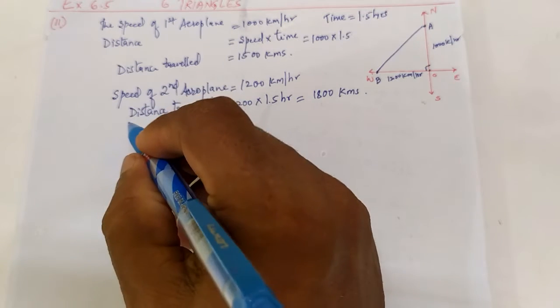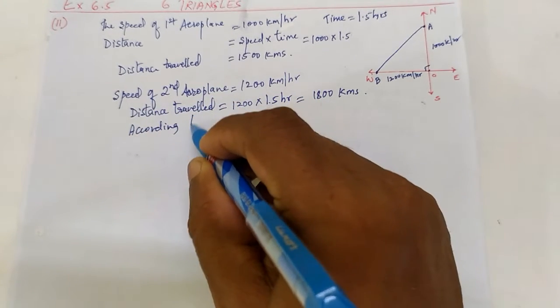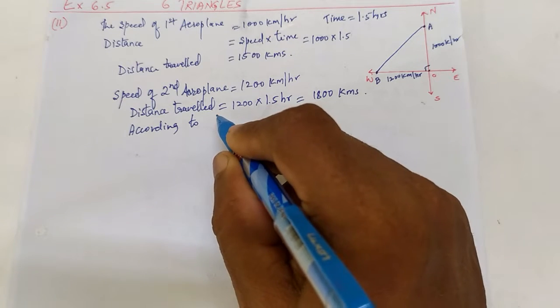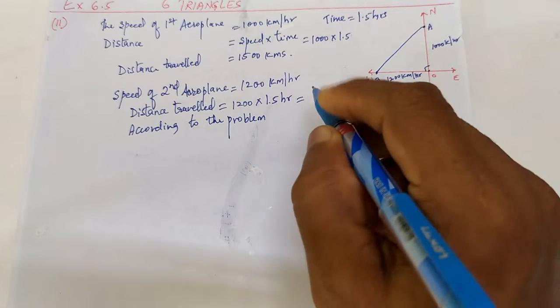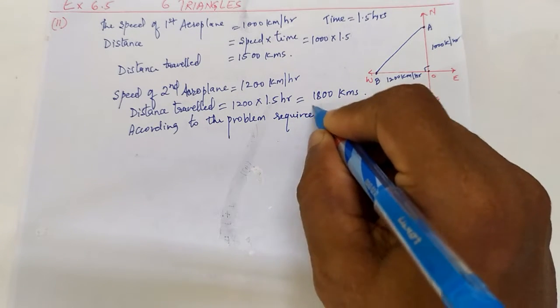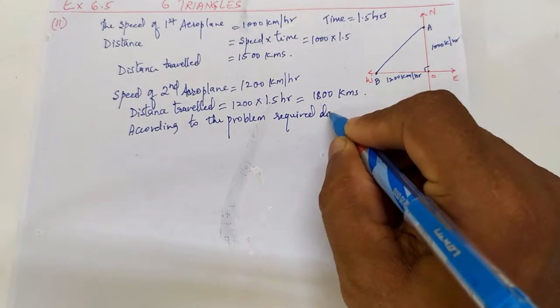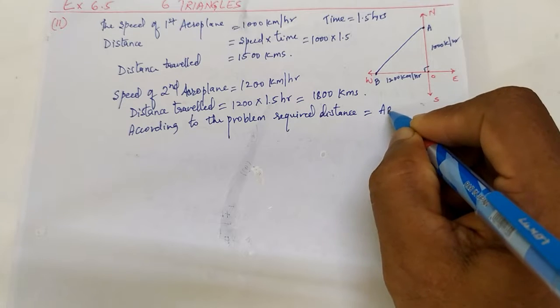So according to the problem, the required distance to be found out is AB.